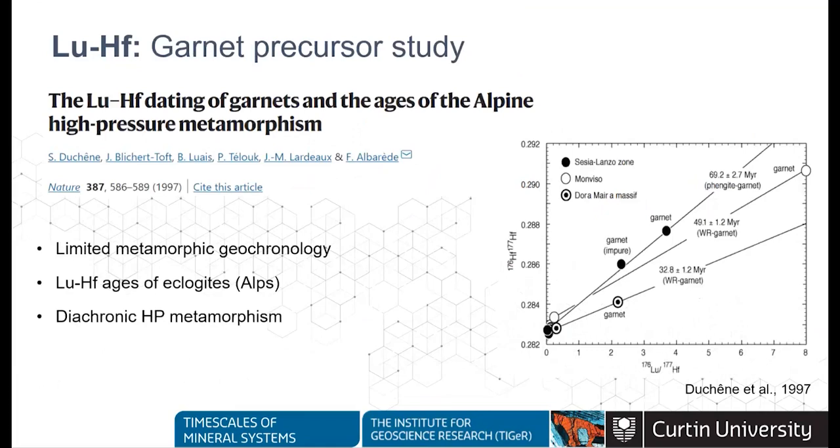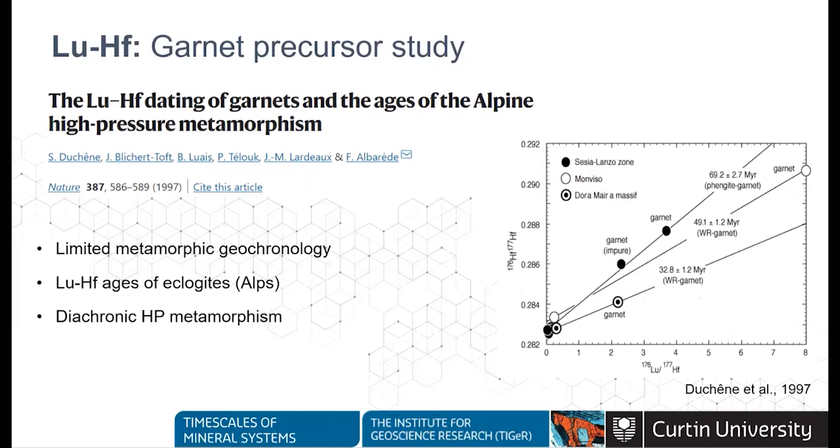This is, impressively, the first paper using garnet lutetium-hafnium published in Nature. If you try to do this today, you're going to be rejected in 30 minutes. But this paper was dating for the first time the high pressure, ultra high pressure metamorphism in the Alps. The geochronology before was really incipient in terms of the high pressure metamorphism.